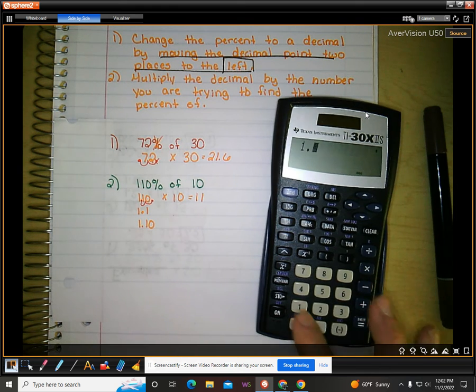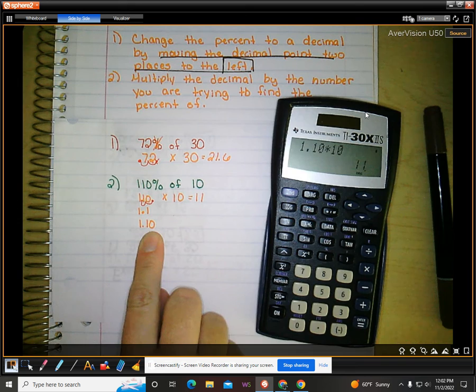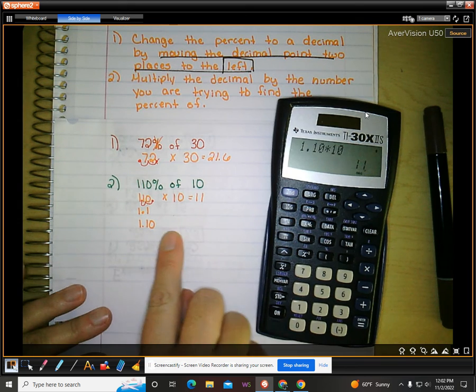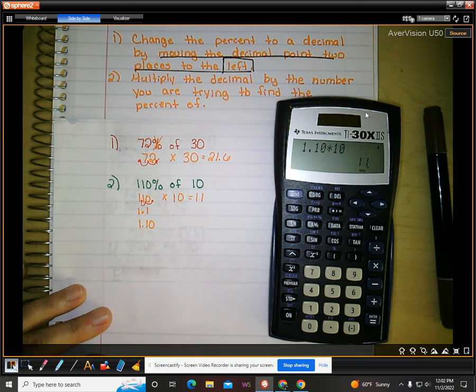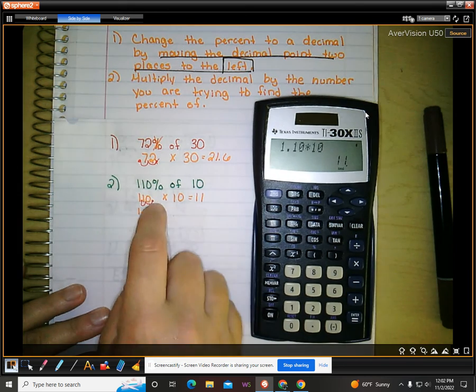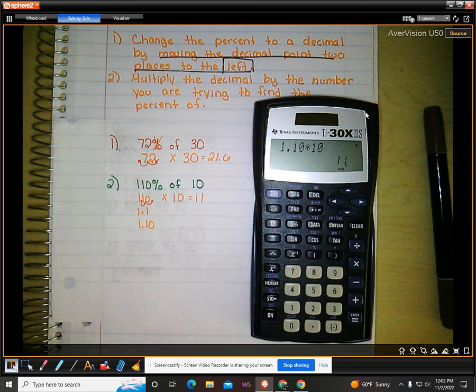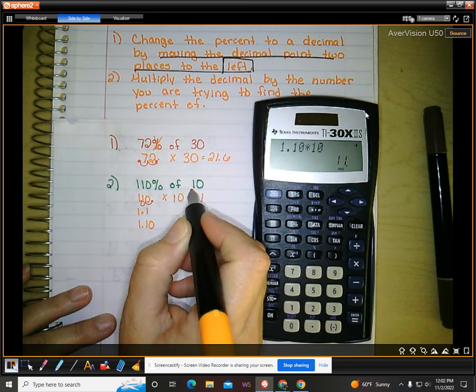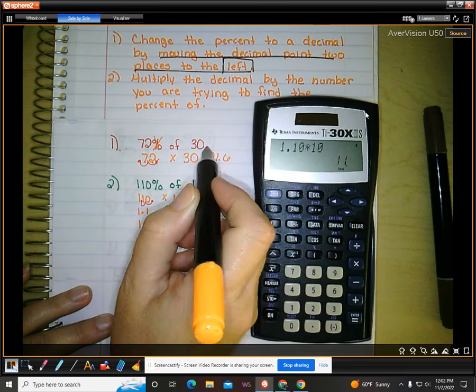If I do 1.10 times 10, I still get 11. I told you any zeros after the decimal point do not change the value of the number. So you could do it with either 1 and 1/10 or 1 and 10/100. Isn't going to change the answer. So 110% of 10 would be 11.